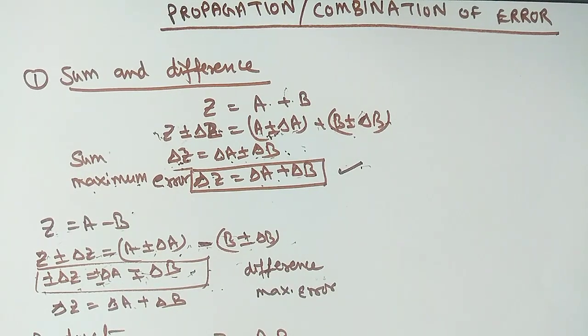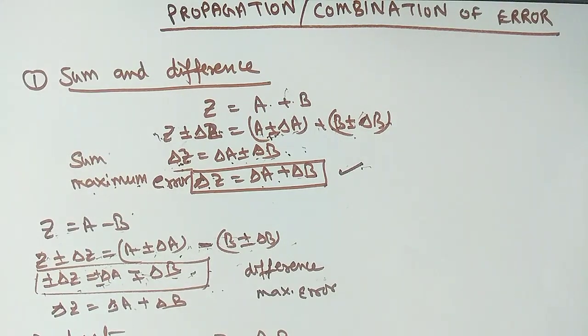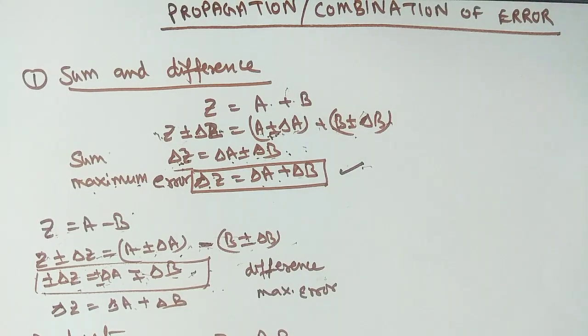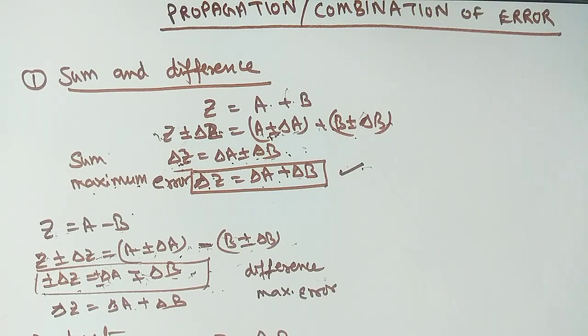So Z plus minus delta Z is equal to A plus minus delta A into B plus minus delta B. If we multiply both factors, we get AB plus minus A dot delta B plus minus B dot delta A and delta A dot delta B. Since delta A and delta B are very small fractional errors in the measurement of A and B, the product of these two will be very small, so it can be neglected easily.